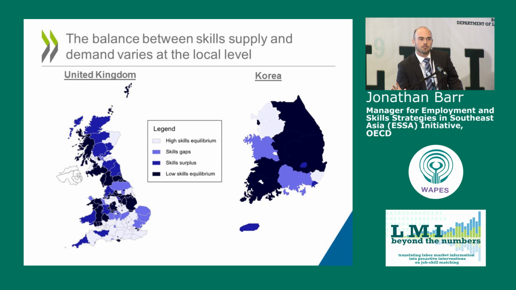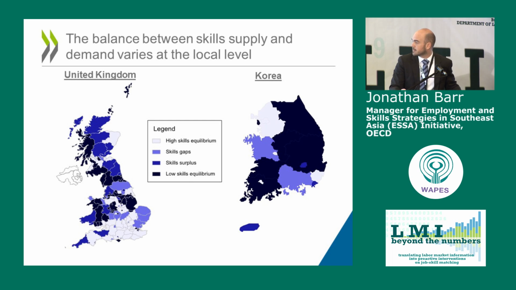So many of you may know about the UK, how there's a big difference between the North and the South, with the South being more affluent. And this analysis is quite interesting because it shows that regions in the North are more likely to be in a skills mismatch. So they're more likely to be in a skills gap classification or a skills surplus classification or a low skill equilibrium even.